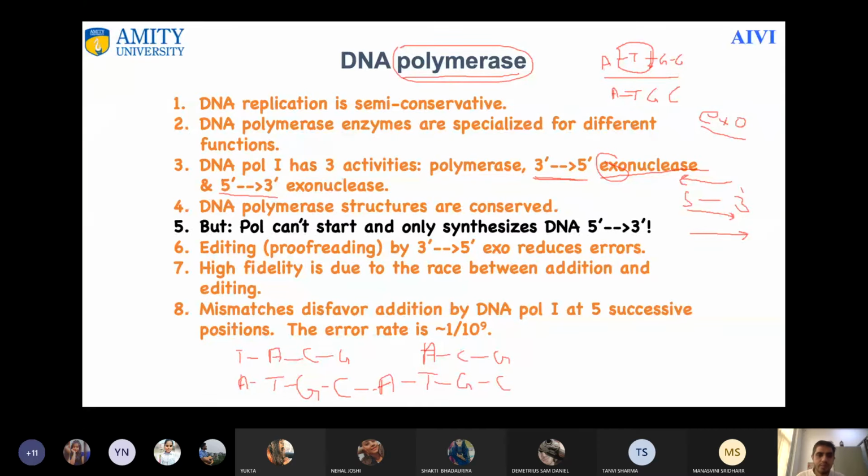Now this is the 5 prime, this is the 3 prime, and this is the 3 prime, this is going to the 5 prime.